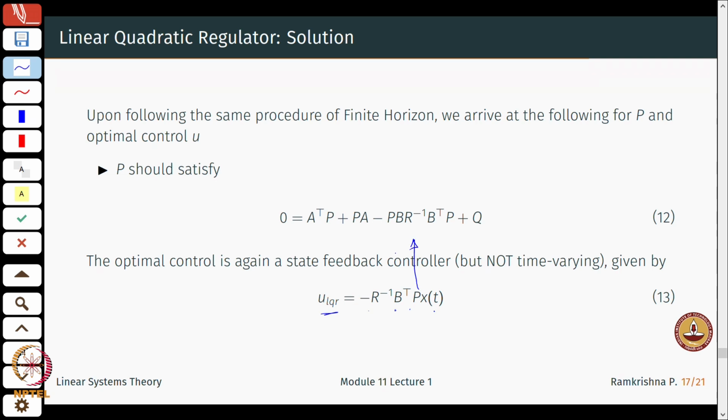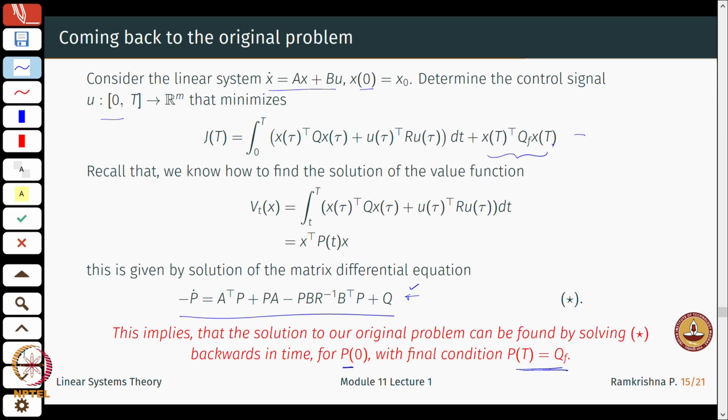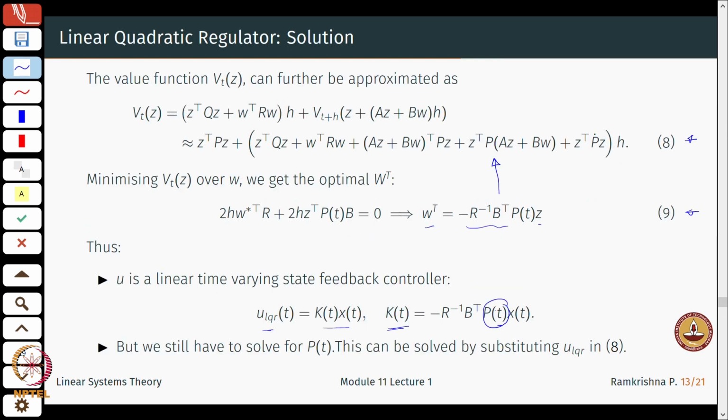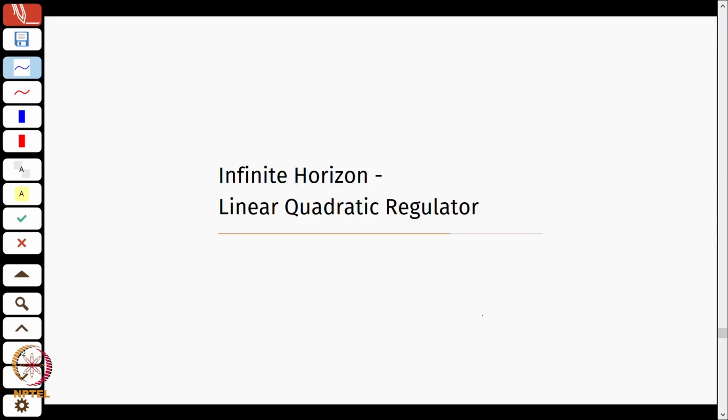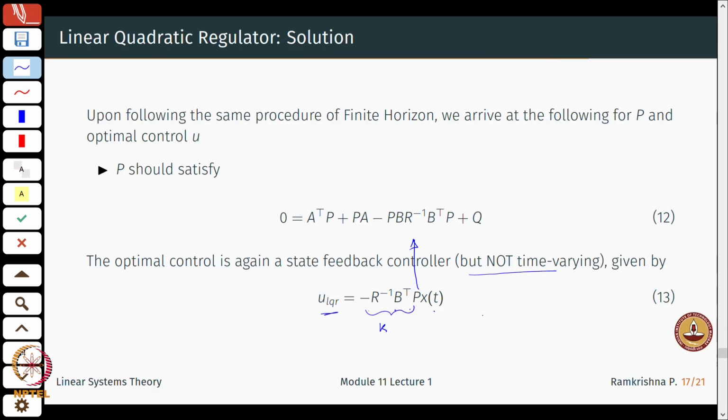What is important to note is that the state feedback gain K here is constant throughout, whereas in the previous case the gain K was varying with time because of the dependence of P on time. So that is a little distinction of the infinite horizon problem.